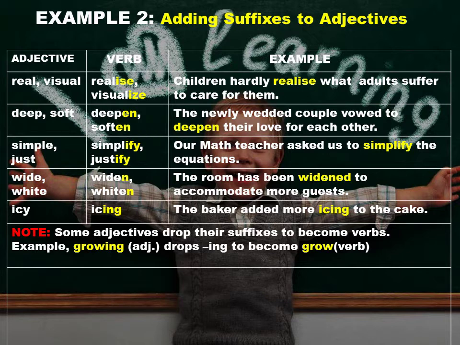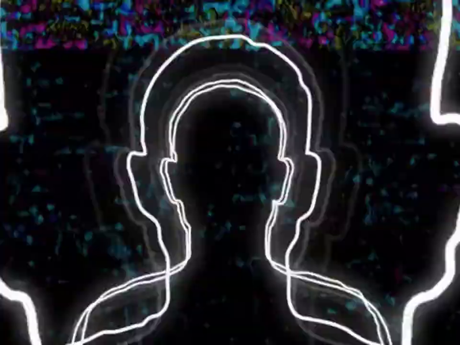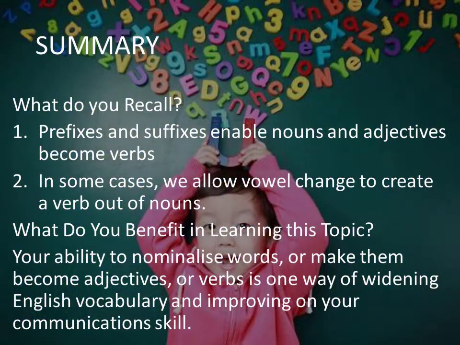How have you found this lesson? Isn't it interesting? For sure, I know. It's been a very interesting lesson in all of the series, beginning with nominalization. So we ask ourselves, what have we learned so far in this lesson? In this lesson, we have come to understand that prefixes and suffixes enable nouns and adjectives to become verbs.